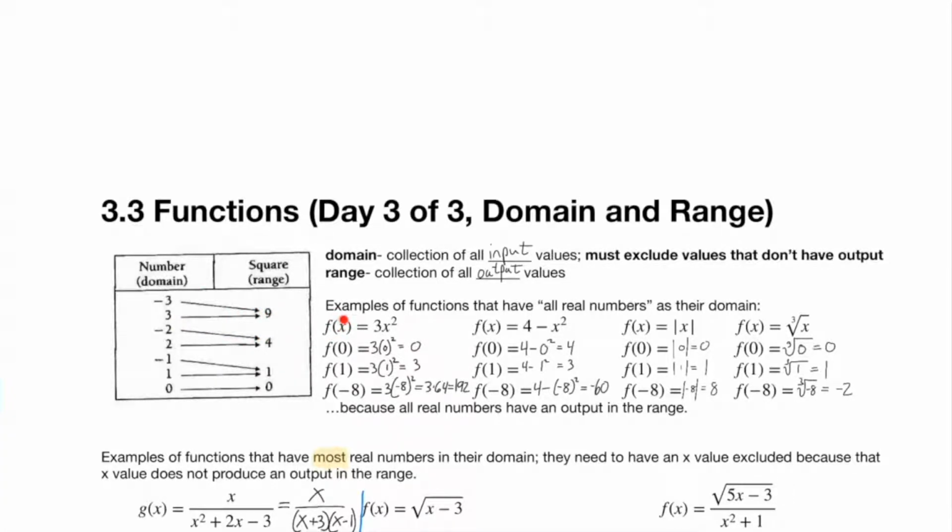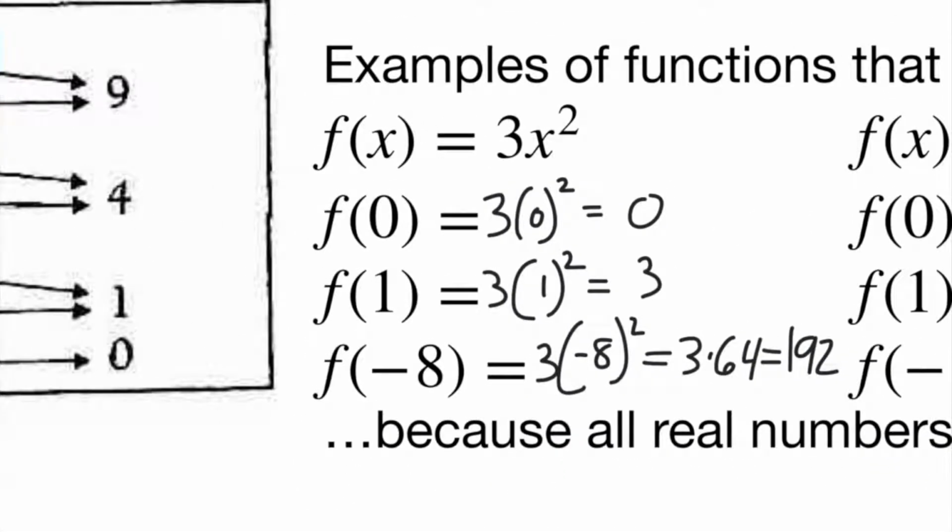And there's actually lots of functions that have all real numbers as their domain. For example, here, you can see f of x is equal to 3x squared. If I plug in 0, I get out an answer of 0. If I plug in 1, I get out an answer of 3. If I plug in negative 8, I get an answer of 192.